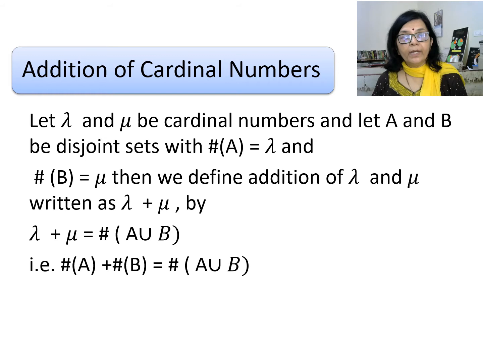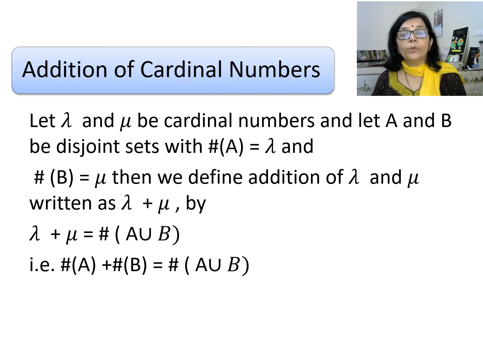Now we come to addition of cardinal numbers. Let lambda and mu be cardinal numbers and let A and B be disjoint sets with cardinality of A equal to lambda and cardinality of B equal to mu.